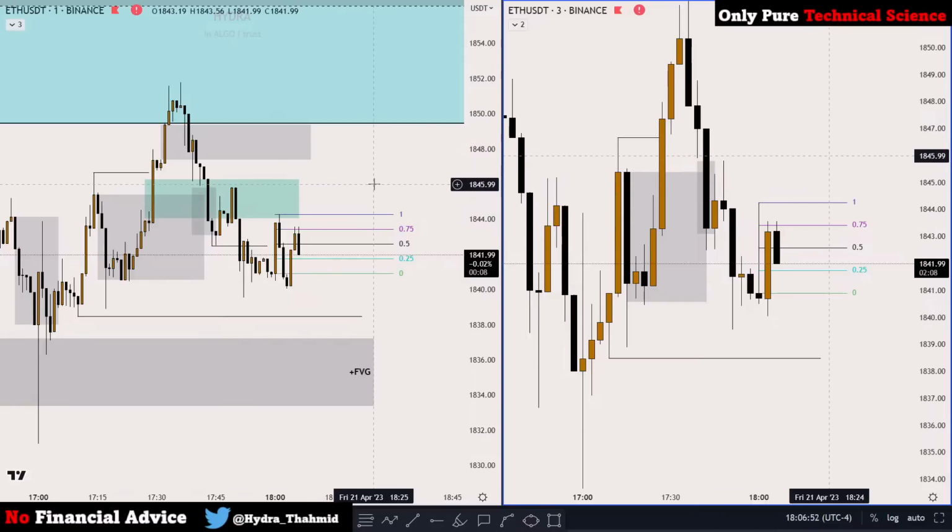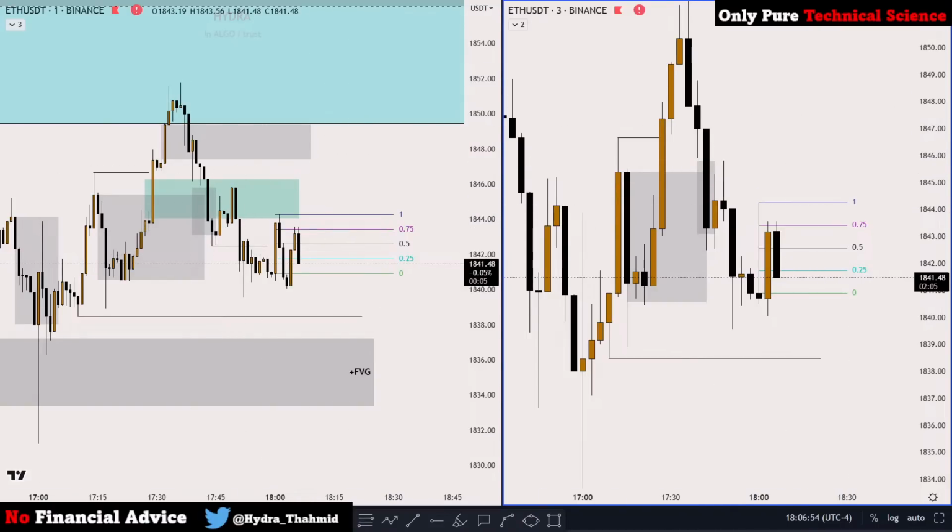Okay, everything looks messy here. Let me just mark everything for my members so that they can learn a little.